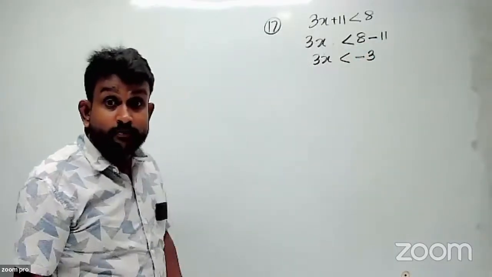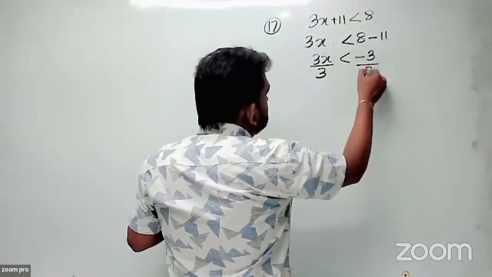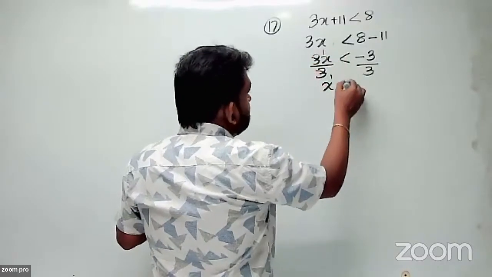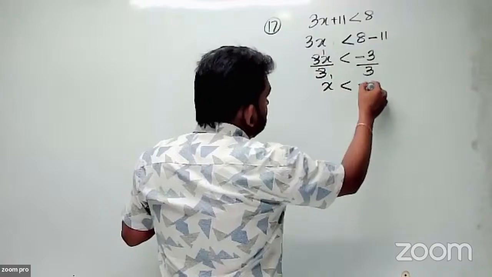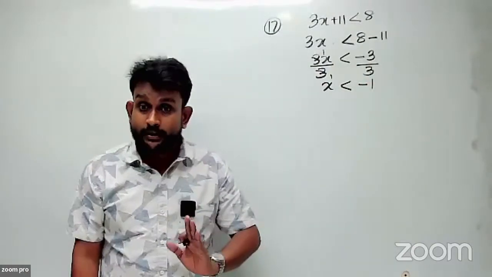Now divide both sides by positive 3. There is no change to the sign because you are dividing by positive 3. So x less than negative 1.